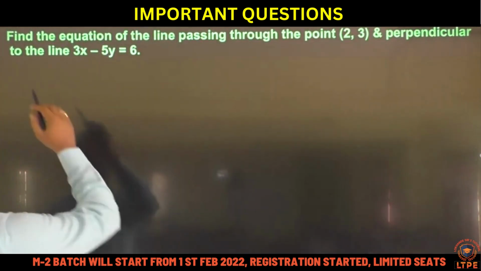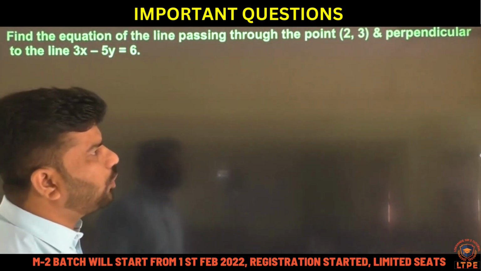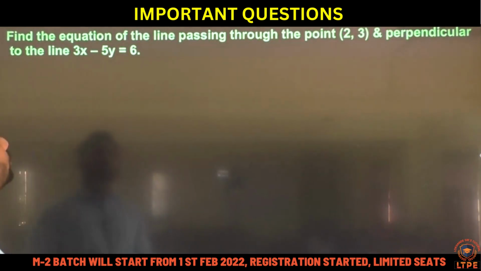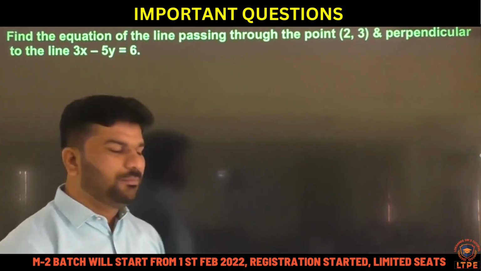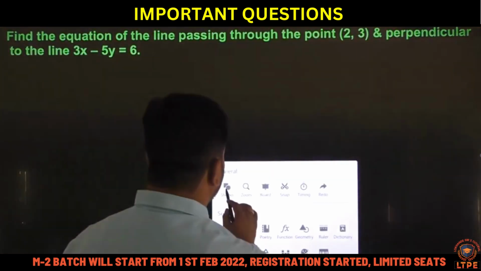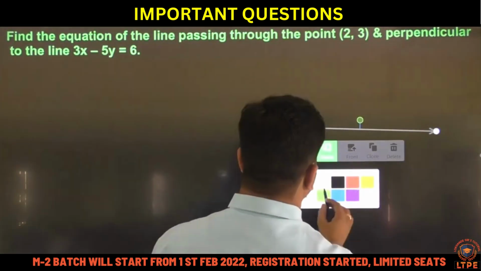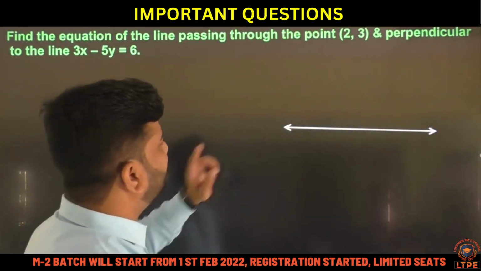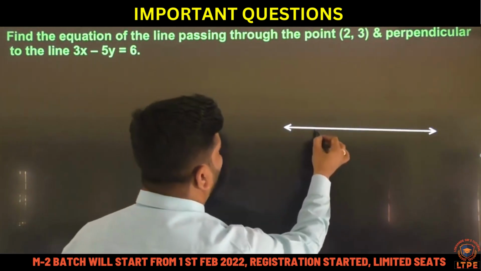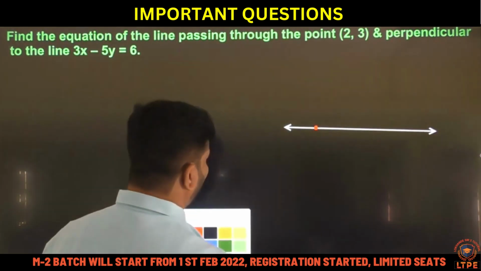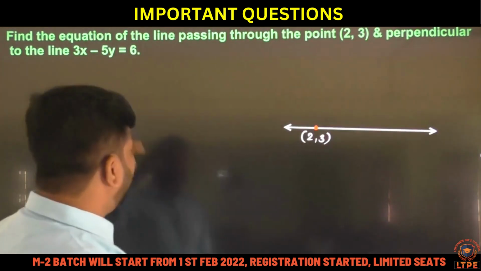So, the problem is: find the equation of a straight line passing through the point (2, 3) and perpendicular to the line 3x minus 5y equal to 6. Suppose this is our required line, passing through the point (2, 3) and perpendicular to the given line.